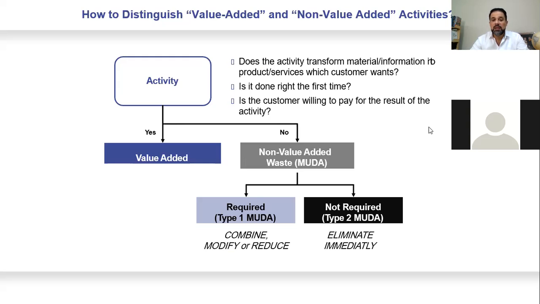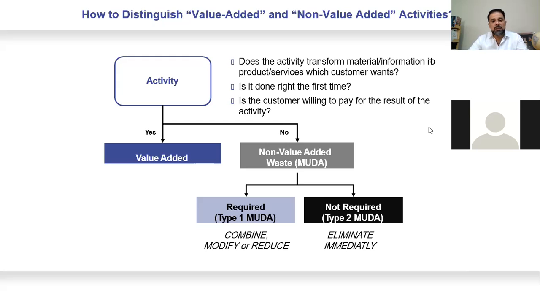Is it done right the first time? Is the customer willing to pay as a result of this activity? If the answers to the previous questions are yes, it's value added. If it's no, then it's non-value added. And the non-value added is considered as a waste.